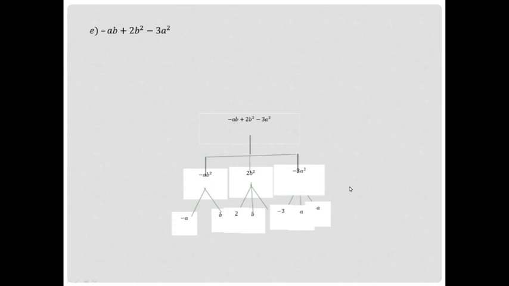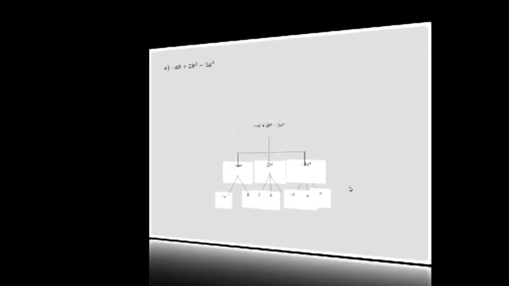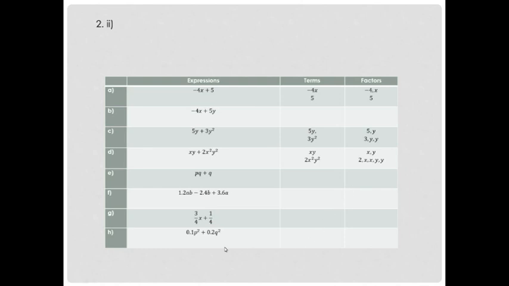Then we can go to question number 2, sub number 2. The question has given us these expressions. We can divide them and take them separately as factors or terms.